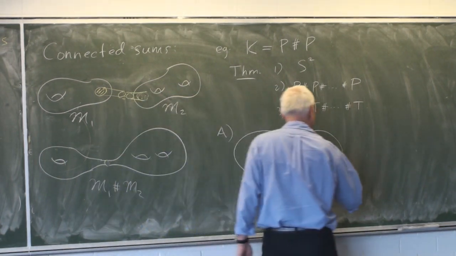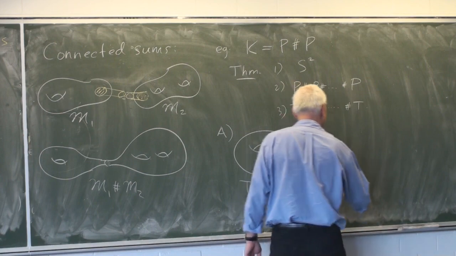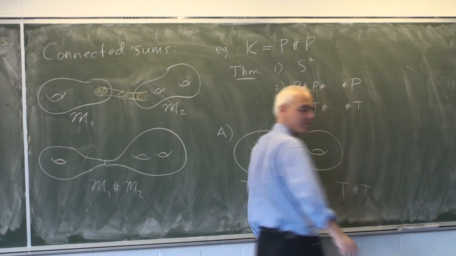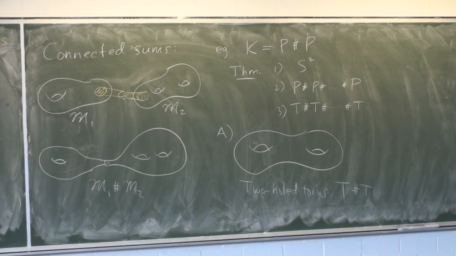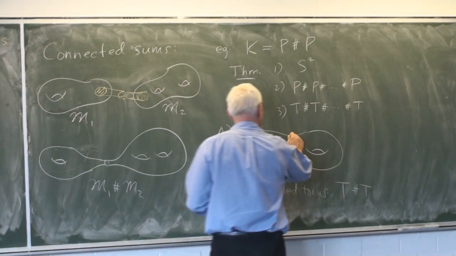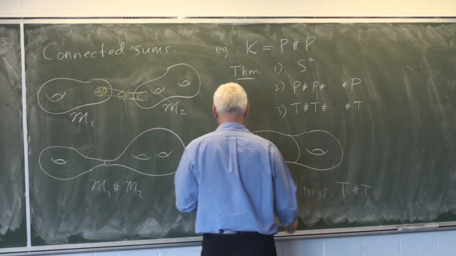So the two-hole torus is what you get when you take a single torus and you connect it with another torus. And we're going to do a few cuts on this to make it into a bunch of polygons. So let's do some cutting.